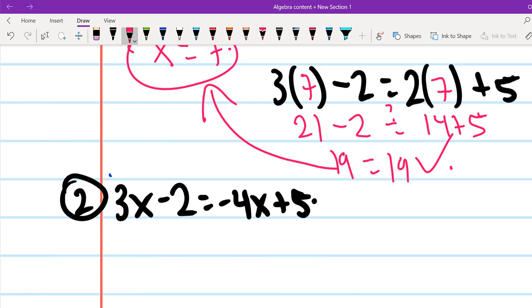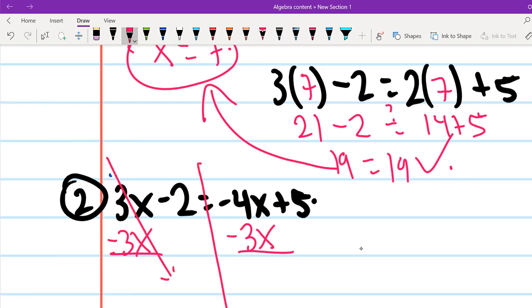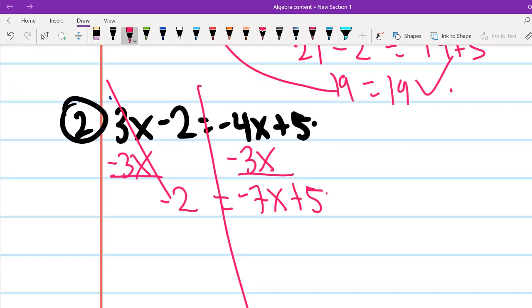Basically, my way of doing this is by getting rid of the x on one side, and then saying negative 2 equals negative 7x plus 5, and then I would say minus 5 on each side.